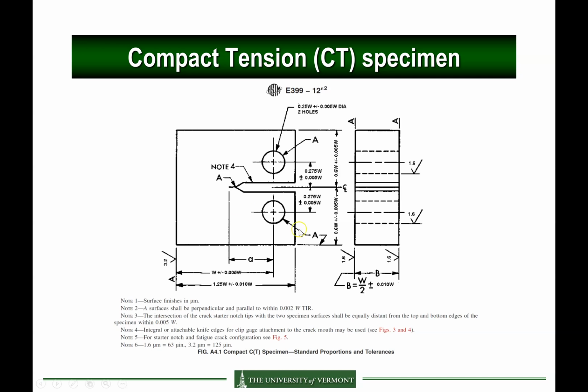Okay. So important parameters will be W. So A over W equal 1 means your crack has propagated through the specimen. Okay. And so we'll start with the pre-existing crack length. It will not be 0.